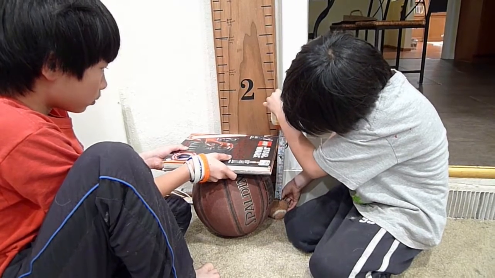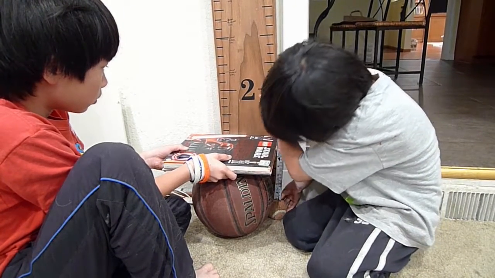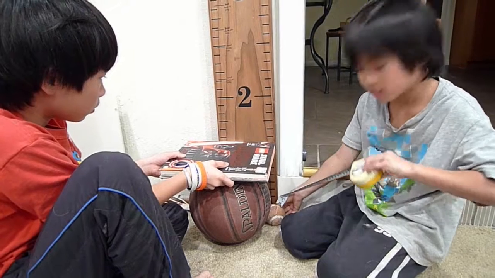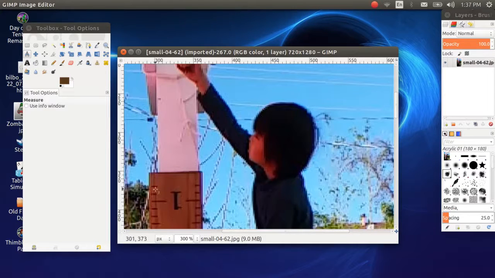No, 17. Oh yeah, 17 centimeters. I'm measuring the position of the release point in my data. I have position but I need distance, so I measure the position of the release point.